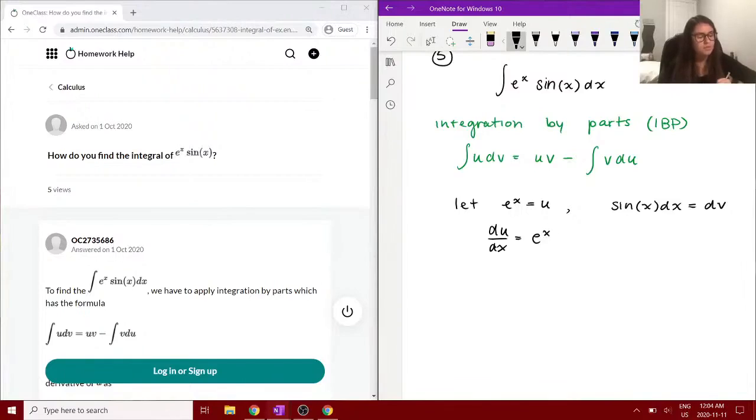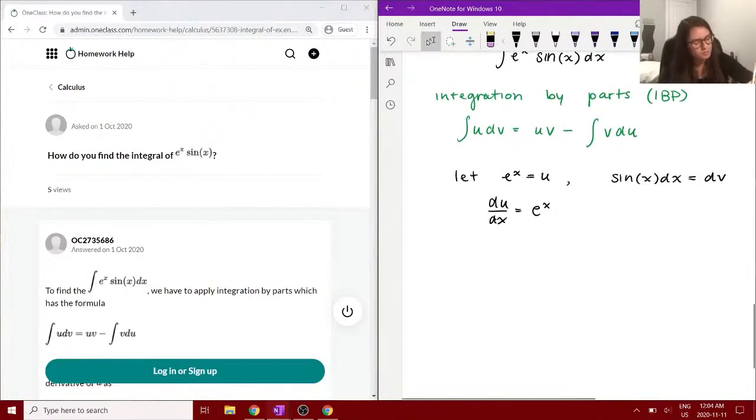So the derivative of the exponential is just itself. What we're going to do here is move the dx to the other side. And you'll see why when we have to substitute it in the equation for the integral above. So yeah, move that to the other side, and that's ready to use for IBP.